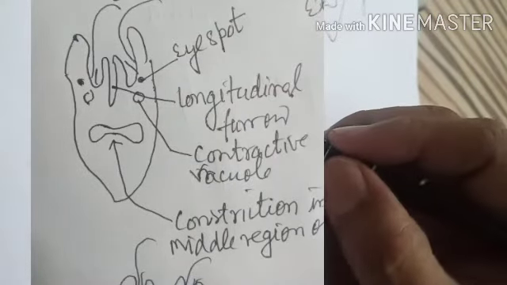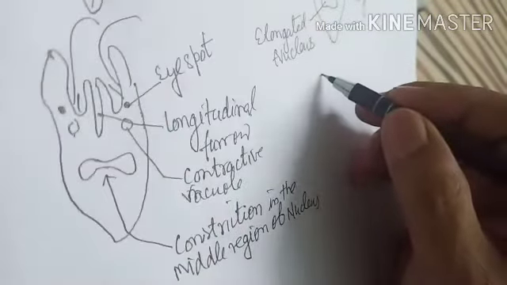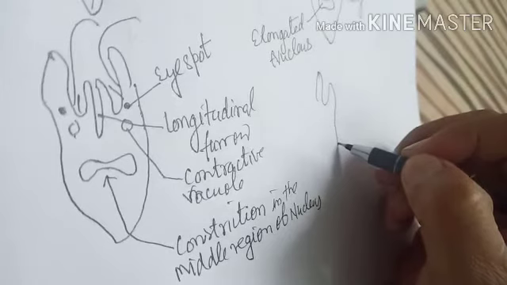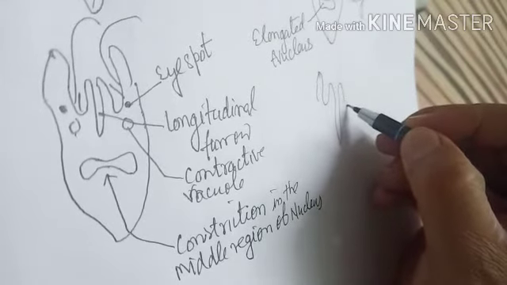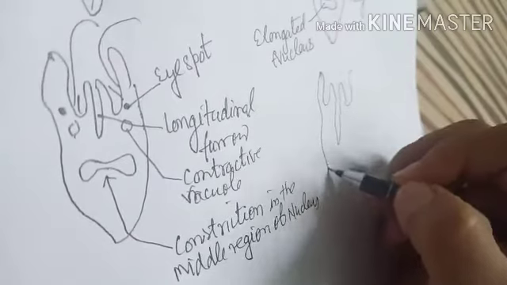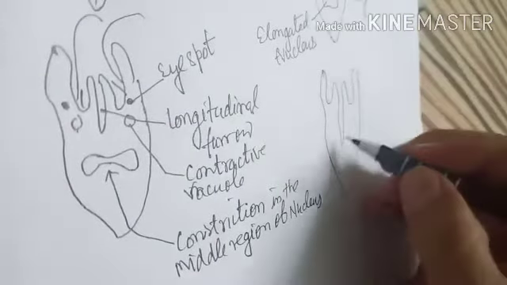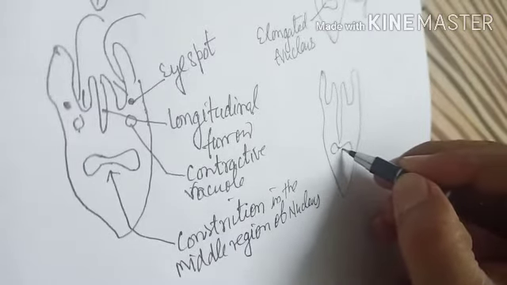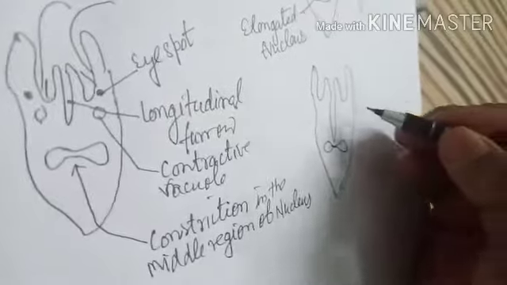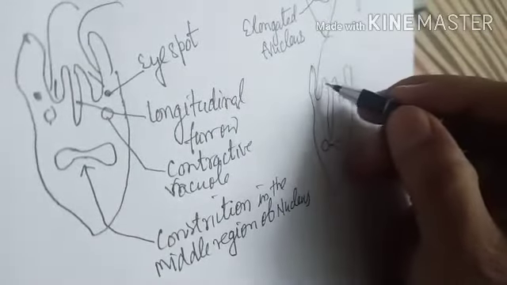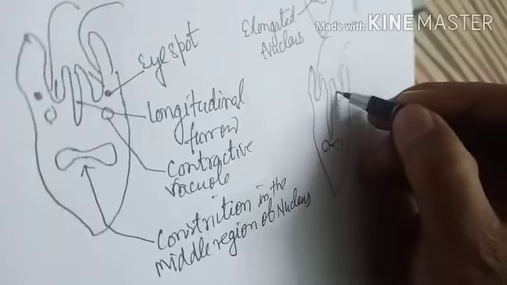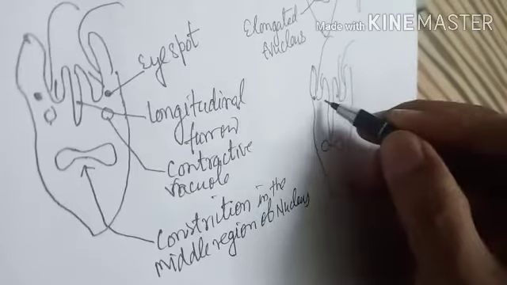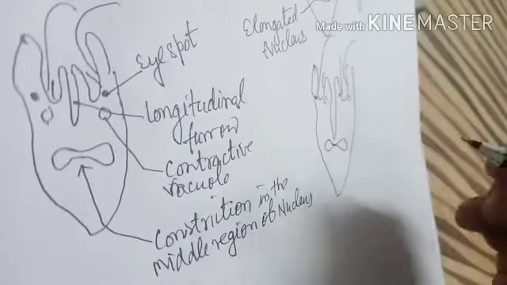Gradually this longitudinal furrow elongates and the nucleus finally gets divided into two. Here are two flagella in each part, eye spot, and contractile vacuole in each part.